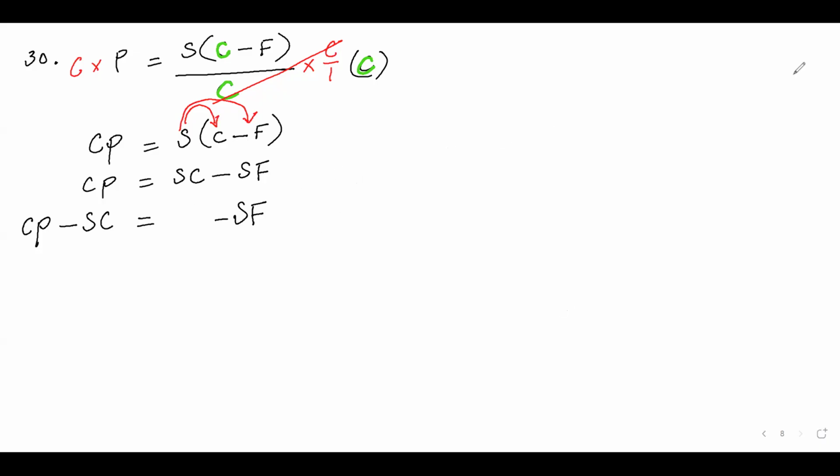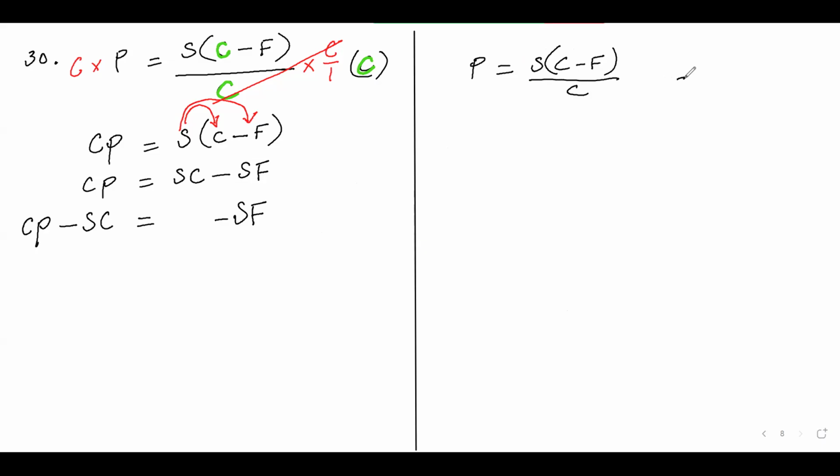I just want to look at two ways to work the same question. So P is equal to S times C minus F, over C. We're finding C. Multiply by C. Jeremiah must multiply by C on the other side as well.